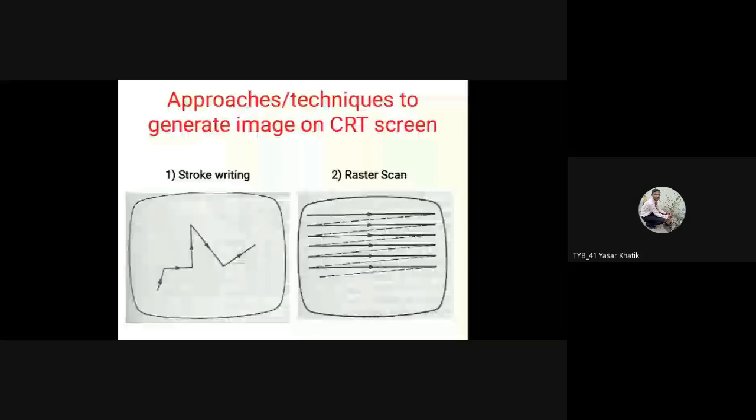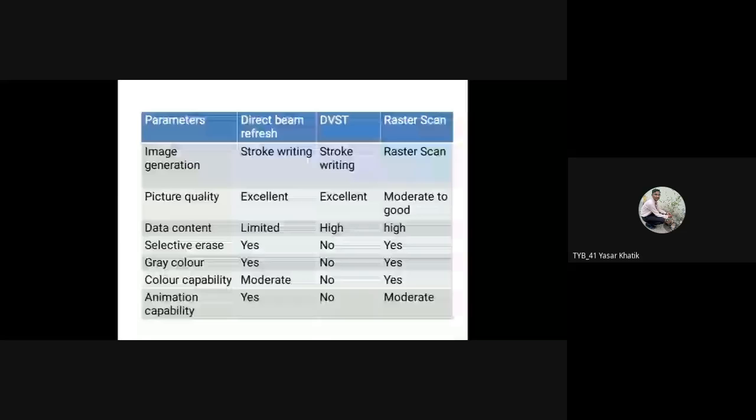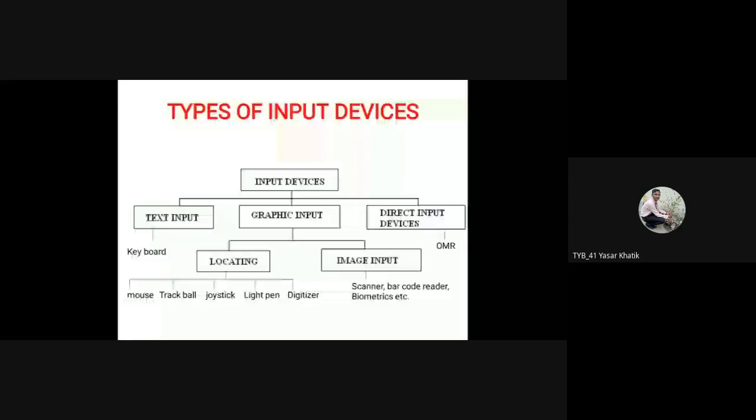One is stroke writing and second is raster scan. So again, they are divided into three subtypes. According to those subtypes, they give some advantages. Okay. So in terms of image generation, picture quality, data content, like this, there are some parameters. From those parameters, we divide these three types.